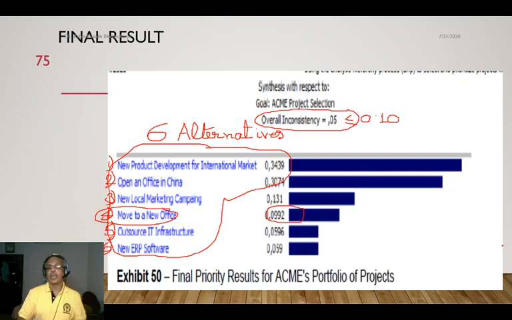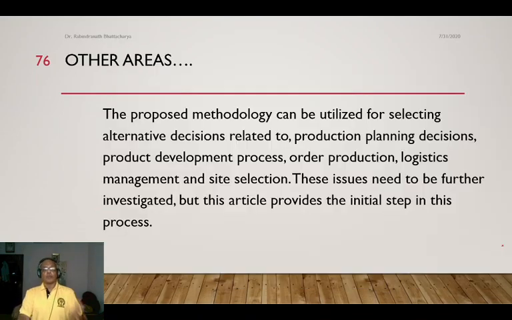These are the two areas where you should work to make the project successful. So the proposed methodology can be utilized for selecting alternative decisions related to production planning decision, product development process, order production, logistics management, site selection, so whatnot.